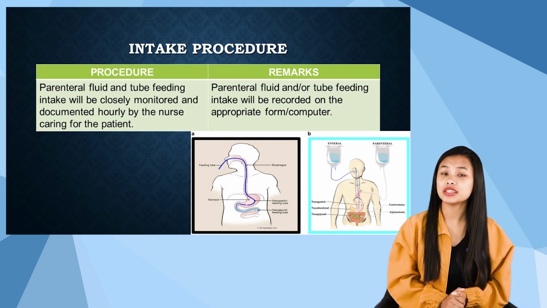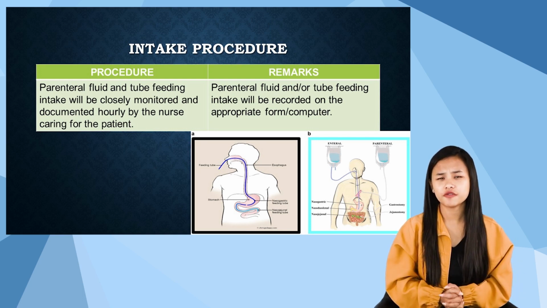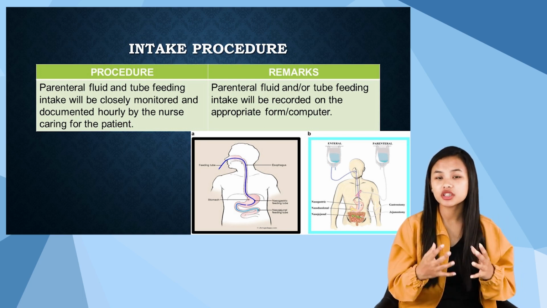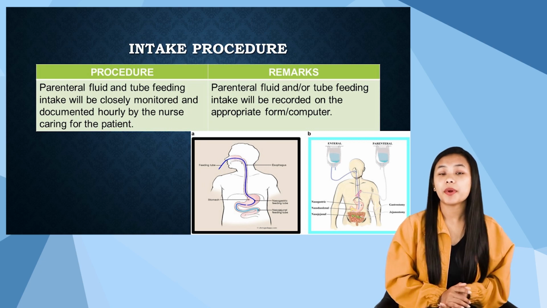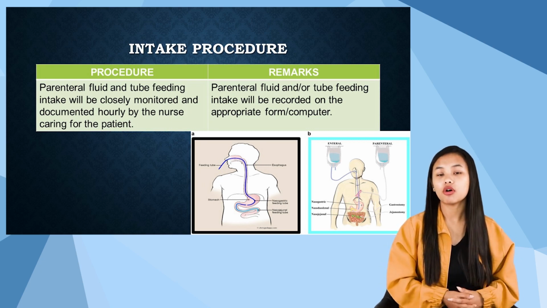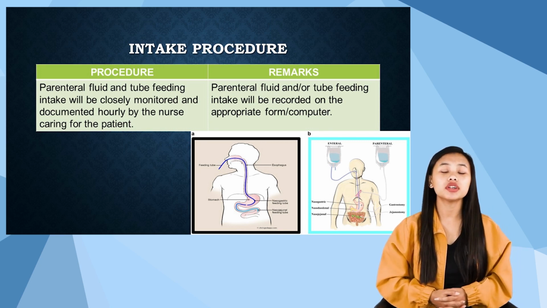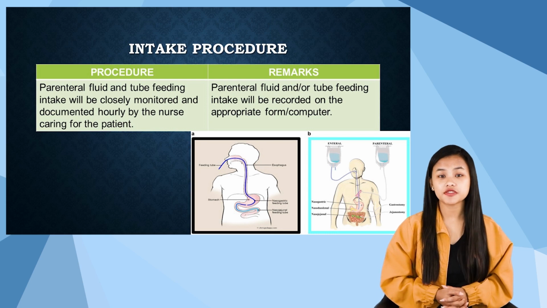But for patients who are only under the parenteral intake or the tube feeding, measuring the amount of intake is comparatively easy. So this intake will be recorded on the appropriate form or even in the computer, depending on the policy which the hospital is following.